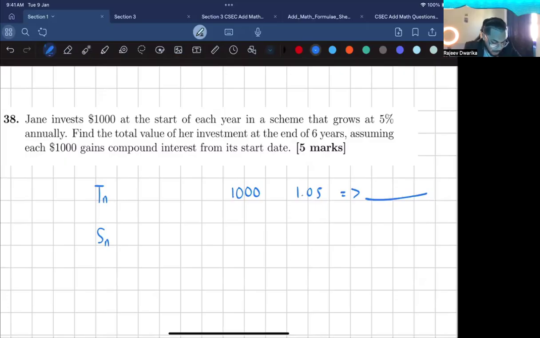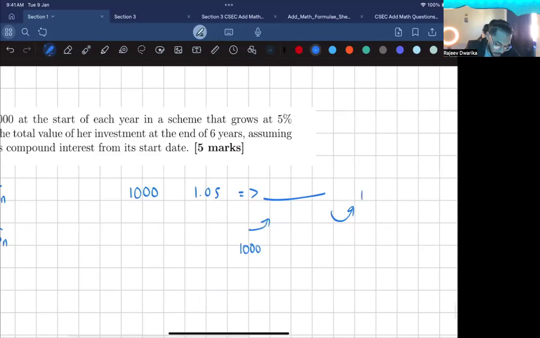And what I'm thinking is the next year she will invest another 1,000 into that, and then that will grow by 1.05.